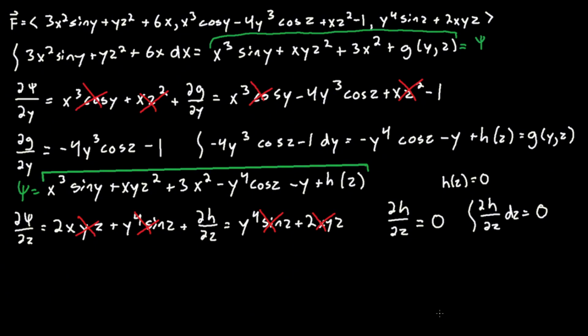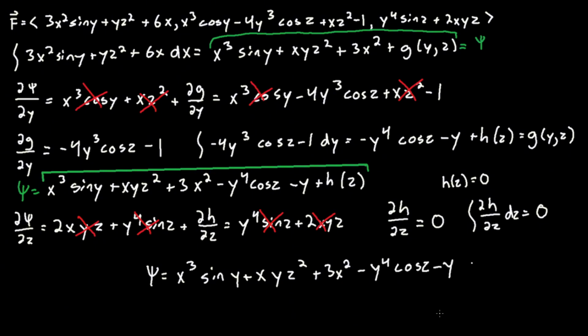So in the end, our potential function will be equal to x to the power of 3 sine of y plus xyz squared plus 3x squared minus y to the power 4 cosine of z minus y. Plus 0 technically, if you add the h here. But this is our total potential function.